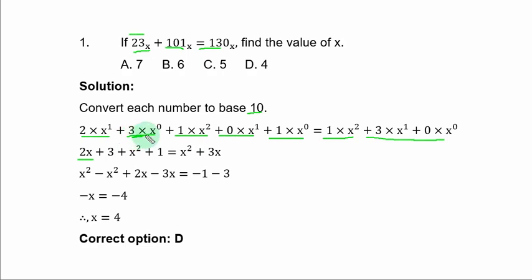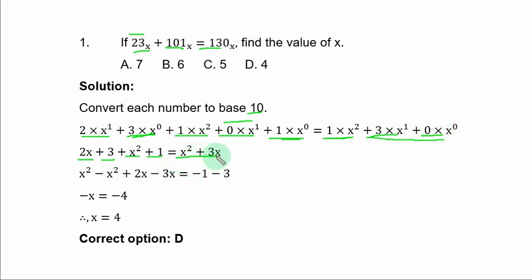S power 0 is 1 times 3, you have plus 3. Then the s squared term is 0. S power 0 is 1 times 1, you have plus 1. The right hand side, you have 1s squared, that is s squared. This term is 3s, and here is 0.